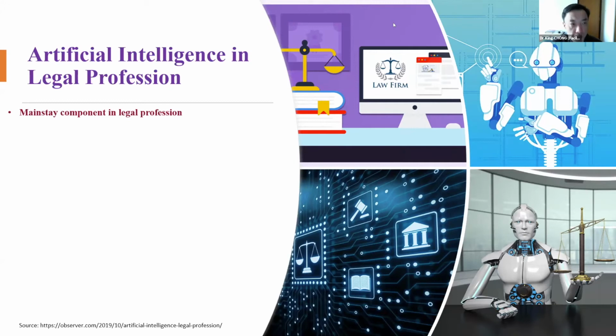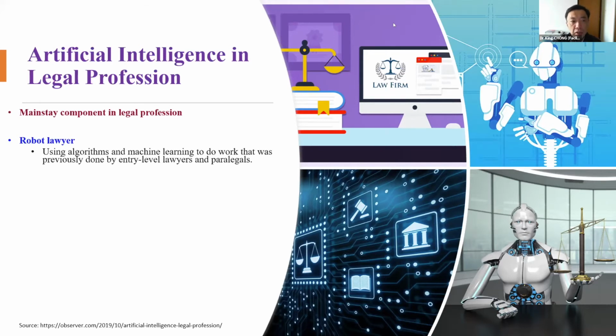Actually, artificial intelligence has become a main component in the legal profession. First of all, they have adopted the robot lawyer. By using algorithms and machine learning, the robot lawyer can perform a lot of work which can be done by entry-level lawyers and paralegals.